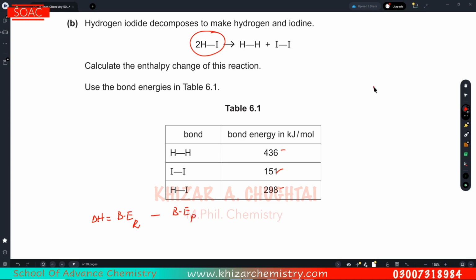So what is the bond energy of the reactants? Basically 2 times H-I, these are the reactants, minus H bond energy plus I bond energy.